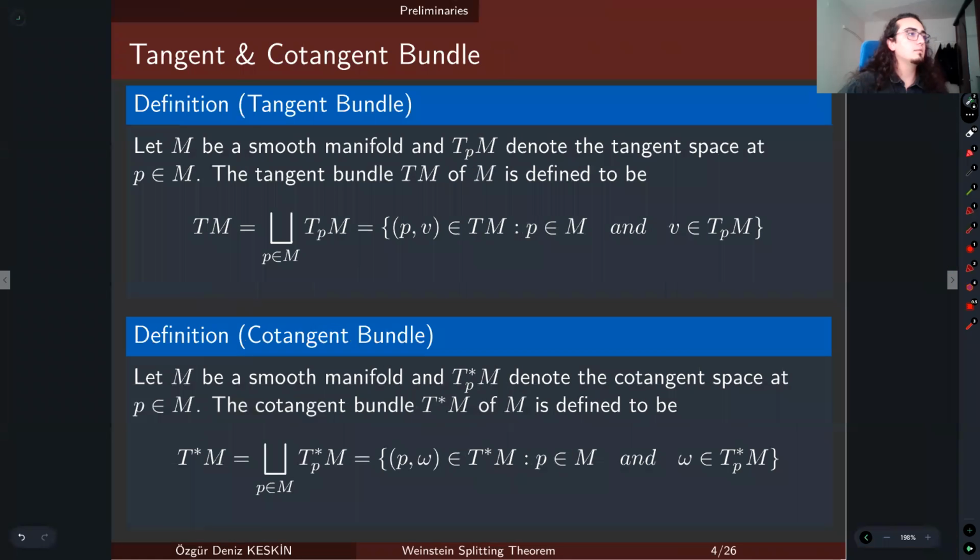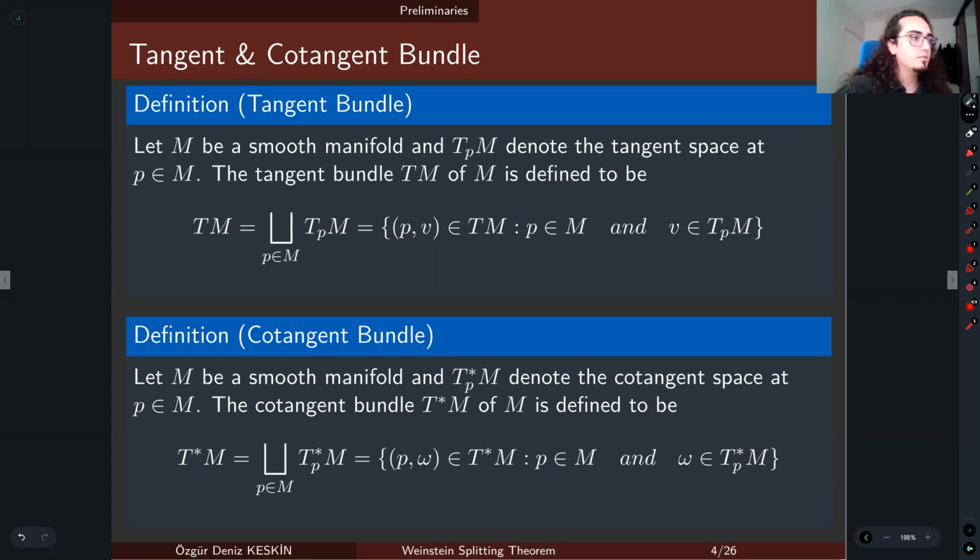So let's start with the tangent and cotangent bundle. For a smooth manifold, we define the tangent space at p and denote it as T_pM. If we take a disjoint union of all tangent spaces, we get the tangent bundle.